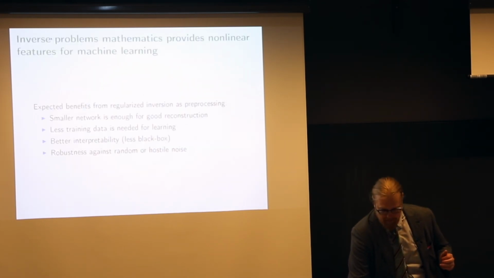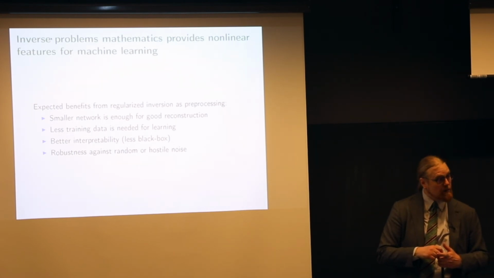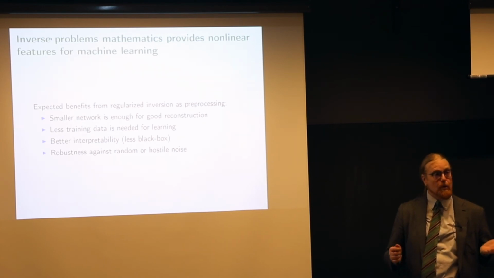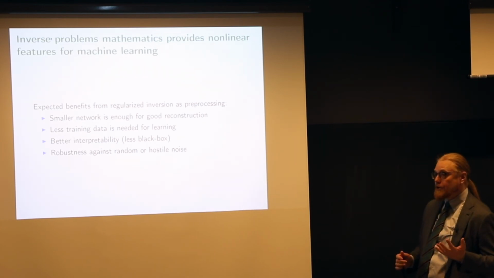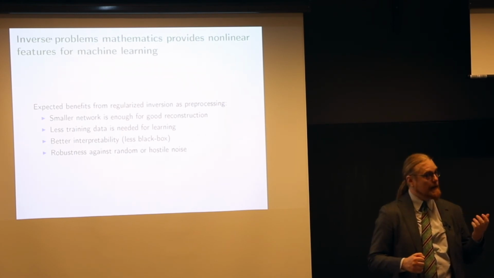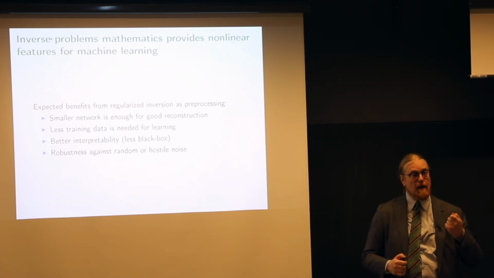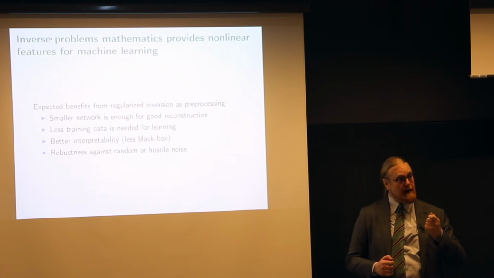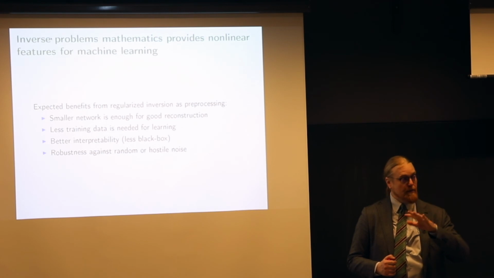Okay, so the driving philosophy right now in my research group is to offer the machine learning community nonlinear features, because you know robustness is the main thing in inverse problems research. The most important thing, whatever algorithms we make, they must be robust against modeling errors and measurement noise.